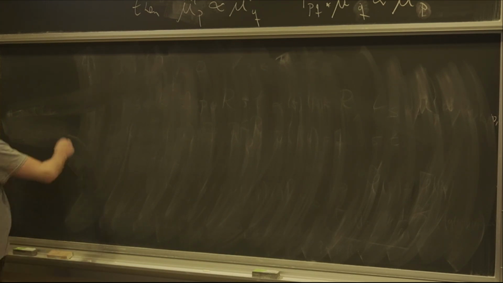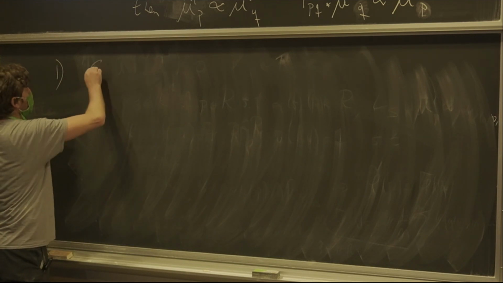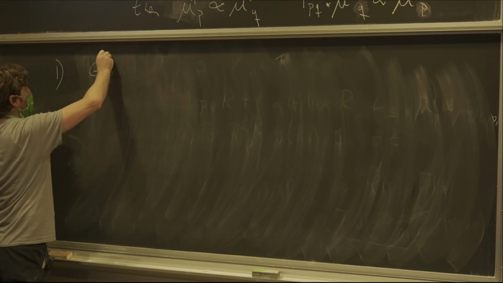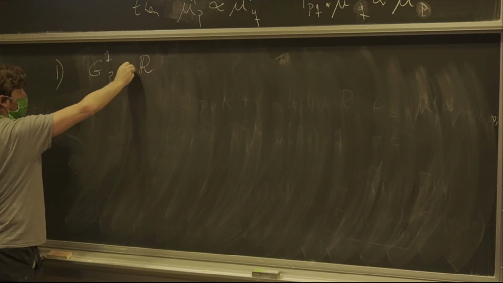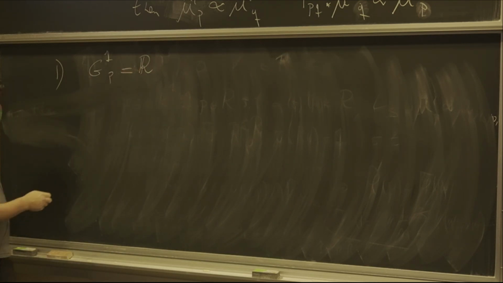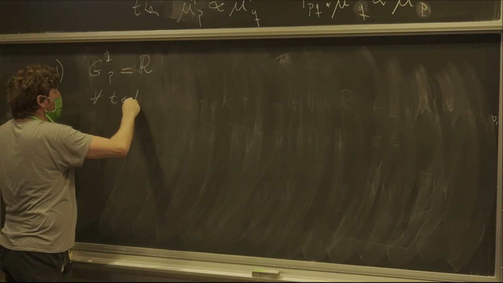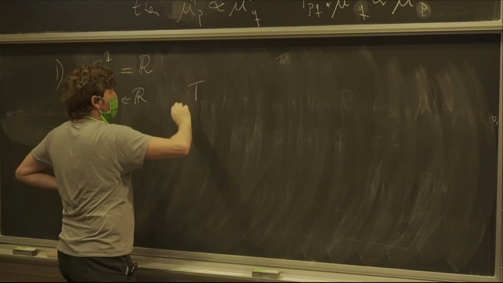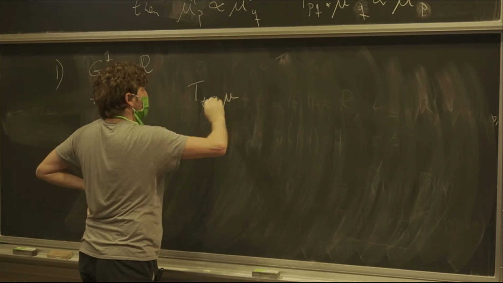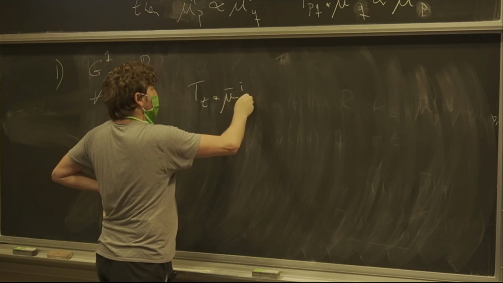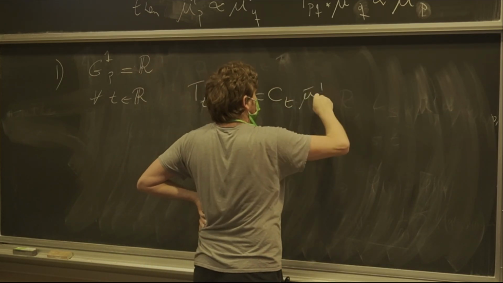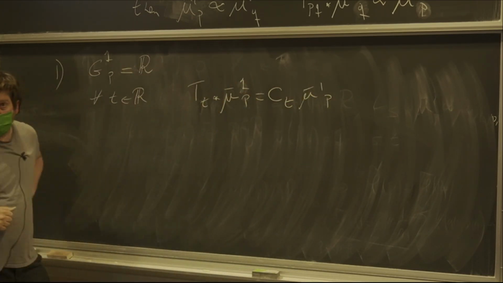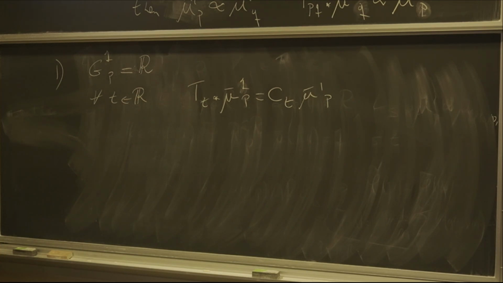So first, we worked so hard to show that G1P is essentially R, and hence we have that for every T in R, T sub T star mu 1P is equal to C sub T mu 1 bar P. So that's what we get.